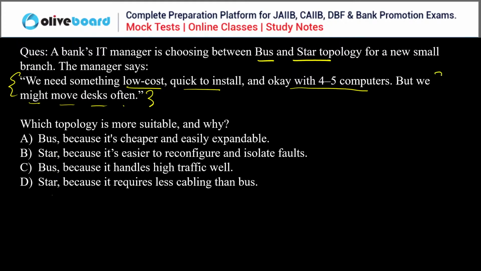So the manager has given a statement that we need something low cost, quick to install, and okay with 4 to 5 computers, but we might move desks often. Then for this, which topology is better, bus or star? Everyone, please answer this question. Sunita is saying A, bus, because it is cheaper and easily expandable.